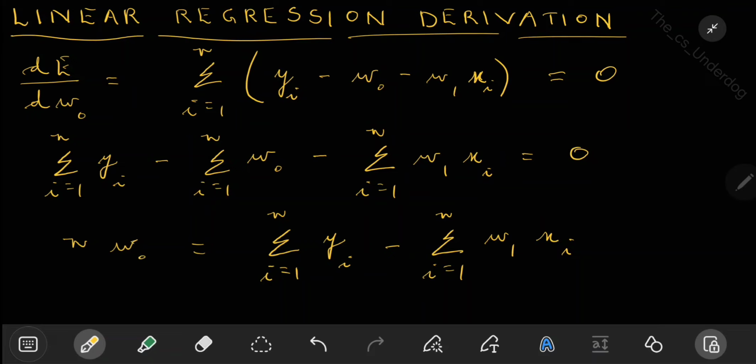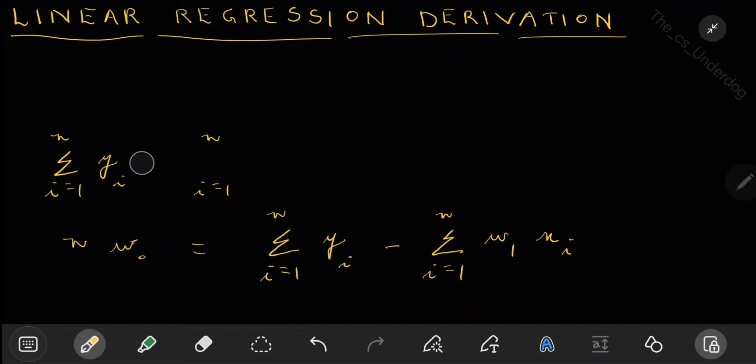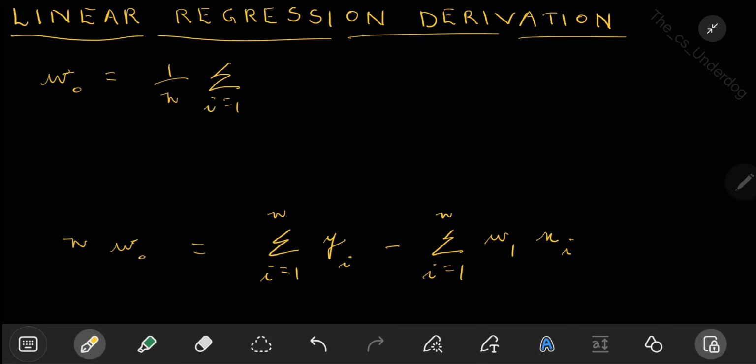This is all fine till this point. So let us further simplify this. We have to find the value of W0, so I'm going to take n to the other side. So W0 is equal to 1 by n sigma i equal to 1 to n yi minus, again 1 by n will come this side. So W1, I am going to take outside of the summation.